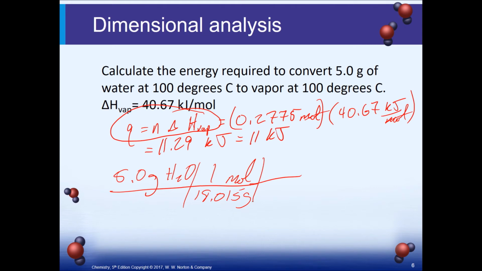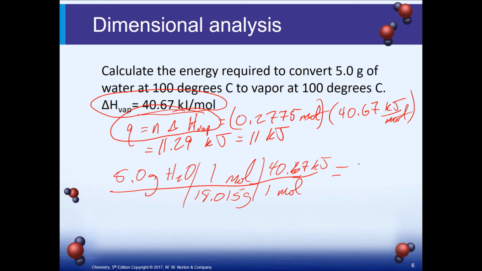All right, and now my next conversion is going to simply make use of this value. So I will have 1 mole in my denominator so that my units work out, and then in the numerator I'll get 40.67 kilojoules.